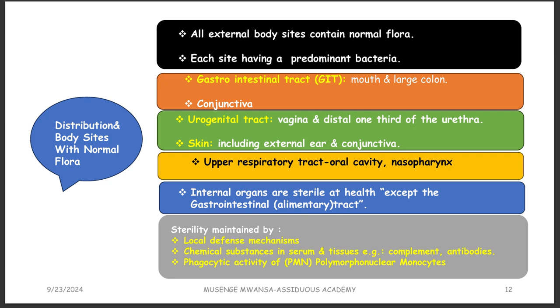Internal organs like the liver shouldn't have bacteria. Sterility, or the absence of bacteria, is maintained by local defense mechanisms, chemical substances in serum, that is in blood, and tissue, for example complement and antibodies, and then phagocytic activity of polymorphonuclear cells and monocytes.